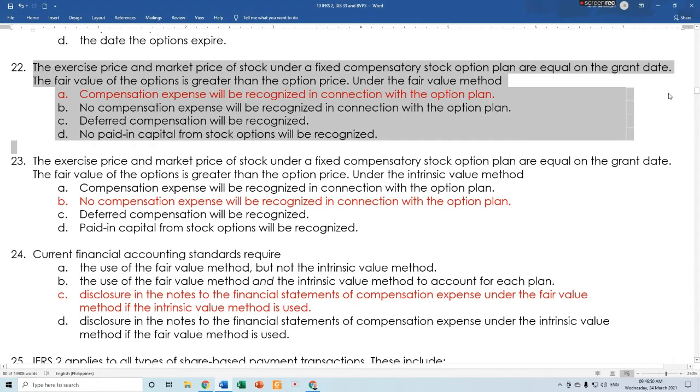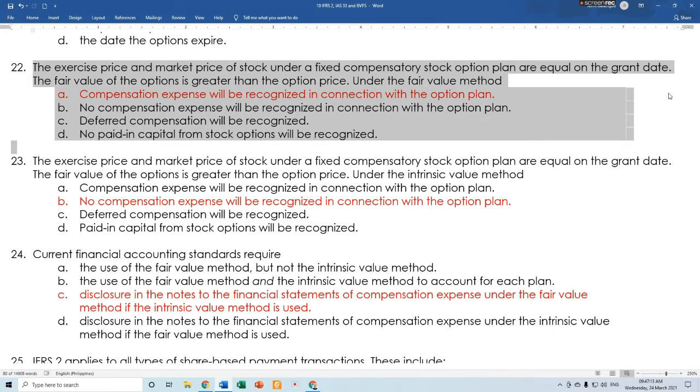22, the exercise price and market price of stock under a fixed compensatory stock option plan are equal on the grant date. The fair value of the option is greater than the option price. Under the fair value method, the answer is letter A. Compensation expense will be recognized in connection with the option plan. Okay?